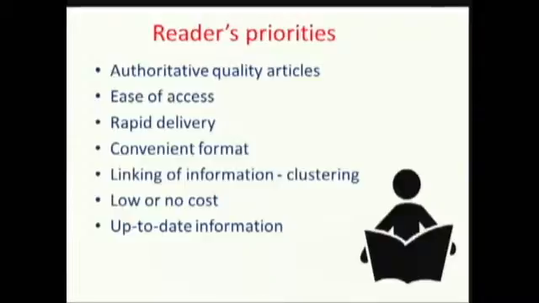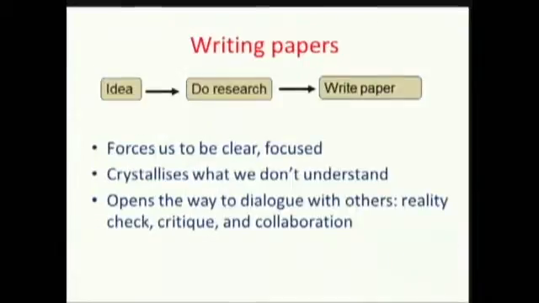The readers' priority, as we said, is an integrated system, low or no cost. Nobody wants to pay, for example, $40 for each article they want to access: ease of access, and authoritative quality articles.